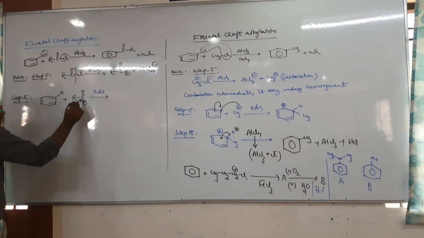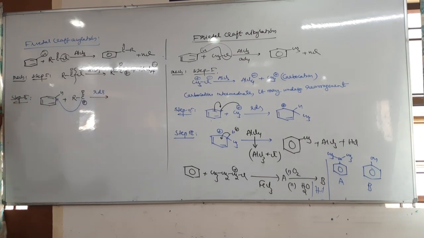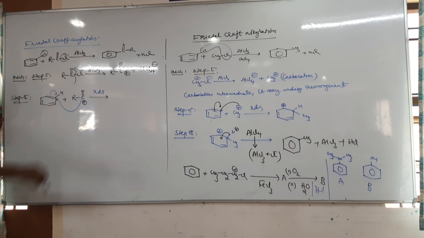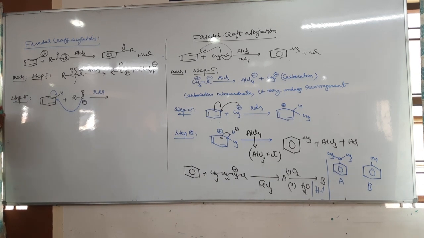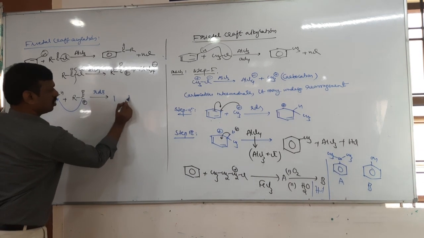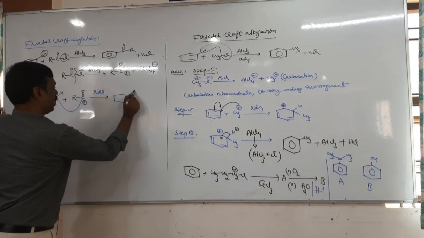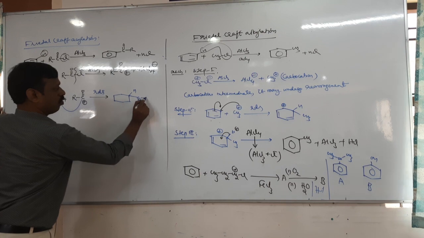So this electrophile attacks this carbon. As soon as the electrophile attacks, what happened? Pi bond also shifted towards the same carbon, plus C effect and RDS. Therefore the intermediate is this, H will be there, C double bond O.